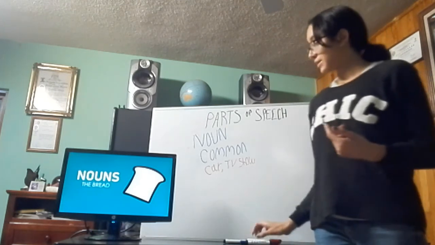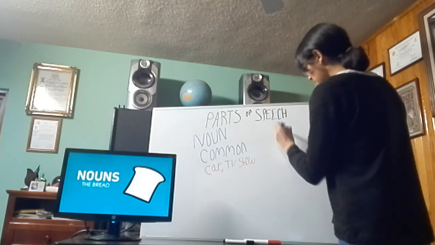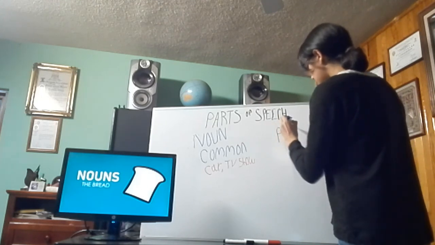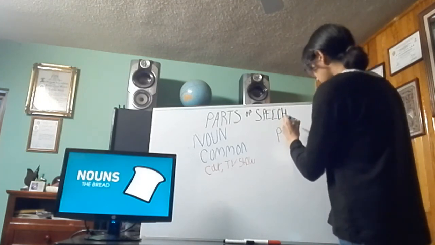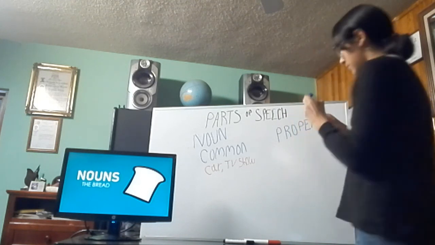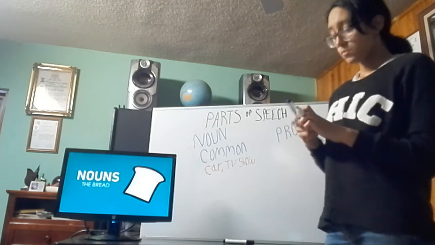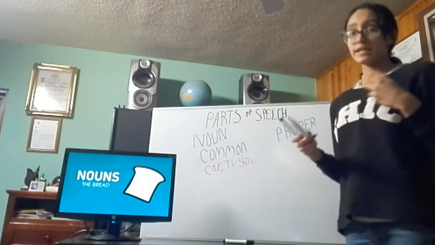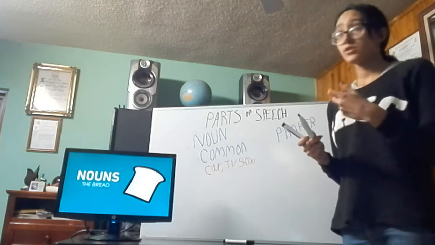The other type is the proper nouns. The proper nouns are the ones that do specify the name of what it's talking about. For example, some proper nouns are your given name. When you use the name of a person, we have to use a specific proper noun so that we can identify them as such.